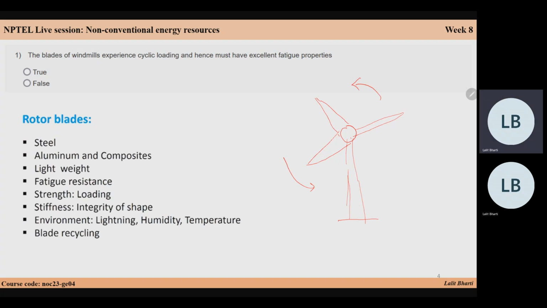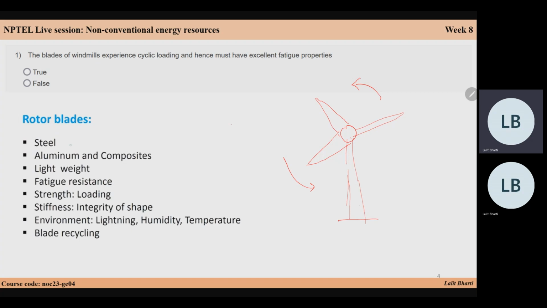So they have to be rigid enough to sustain these conditions, and due to this cyclic loading, the rotor blades should have these properties.